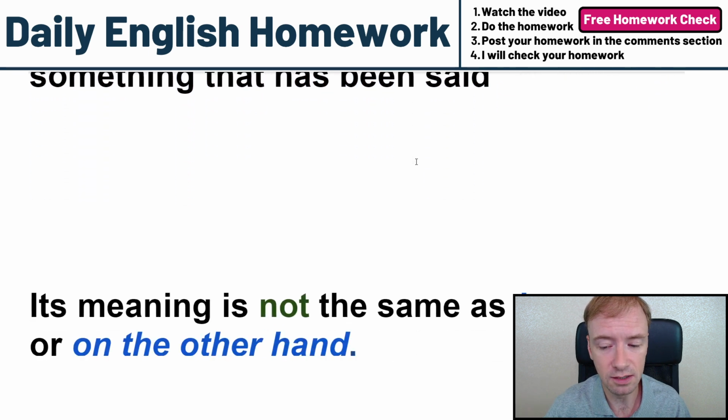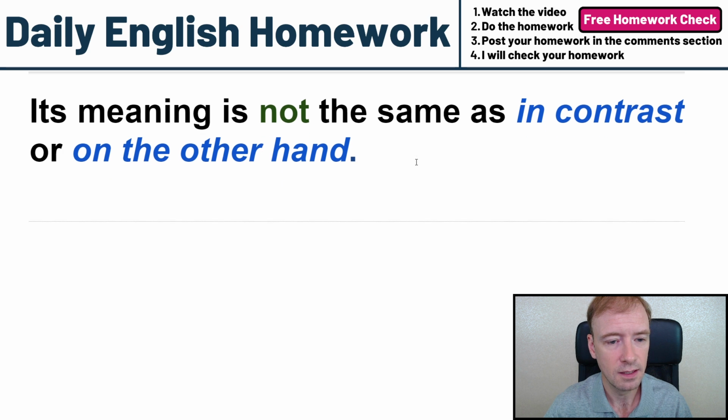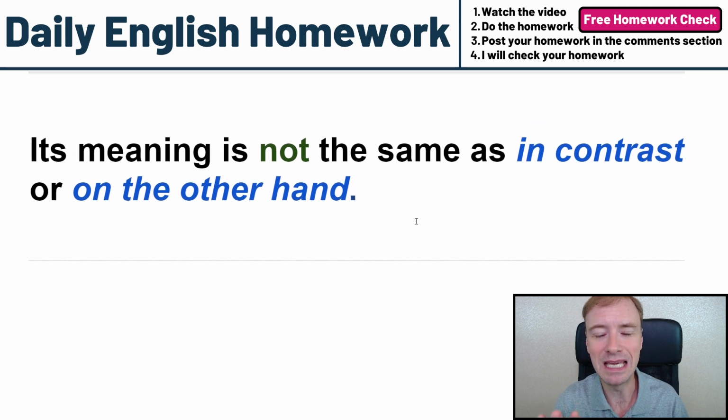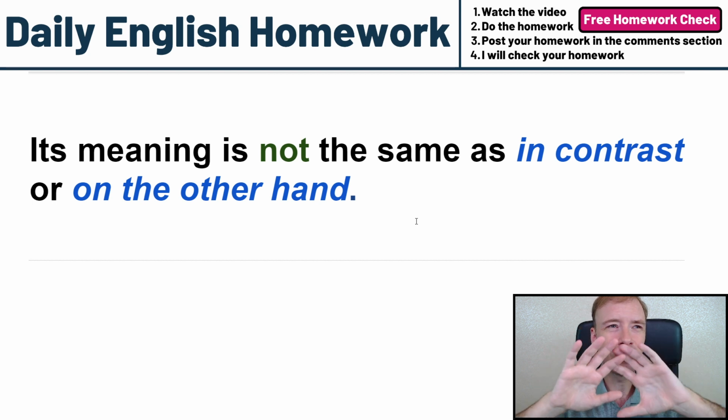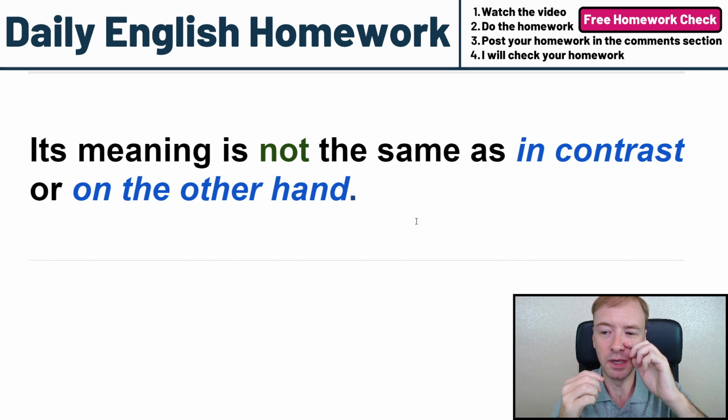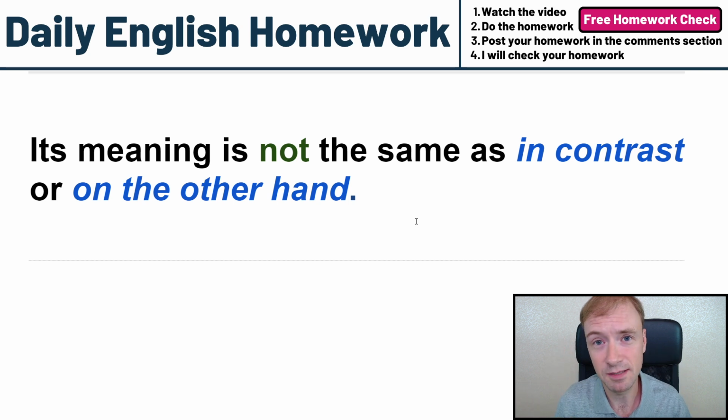And I should point out its meaning is not the same as in contrast or on the other hand. In contrast, on the other hand, are very, very close. But on the contrary, again, it's all in the same family, but I'll explain it this way.